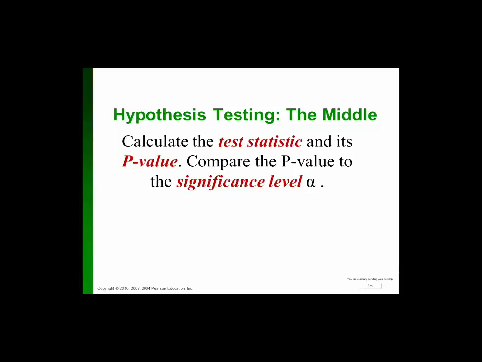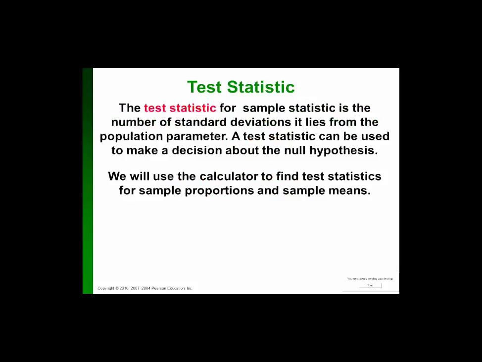The test statistic for a sample statistic is the number of standard deviations that it lies from the population parameter. What phrase pops in your head when you see the number of standard deviations from the mean? A z-score? We're finding a z-score or a t-score, depending on whether we know the population standard deviation or don't.